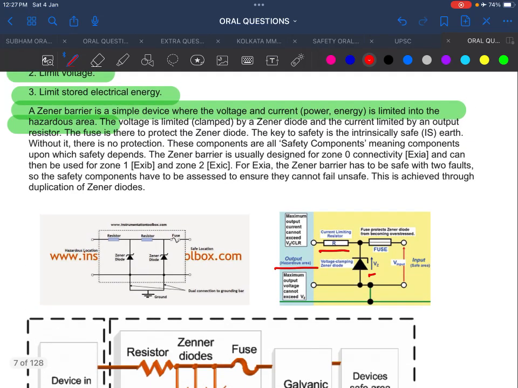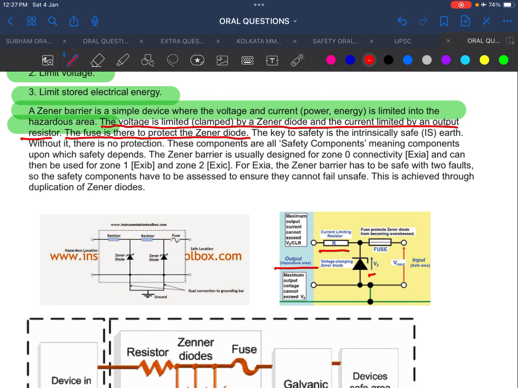So basically, the voltage is limited by a Zener diode and the current is limited by the output resistor, and the fuse is there to protect the Zener diode. The fuse is basically to protect the Zener diode, because if the Zener diode collapses or is damaged, it cannot provide protection for the hazardous area, and there may be chances of an explosion or some other hazard.